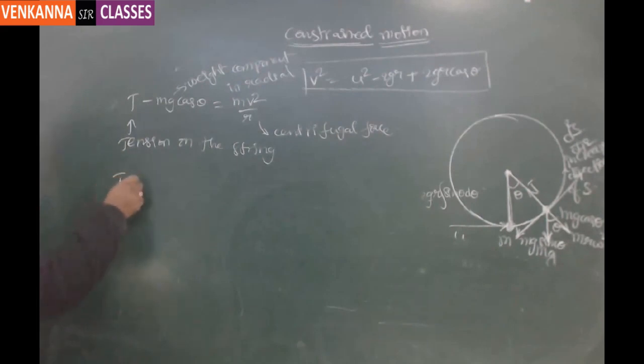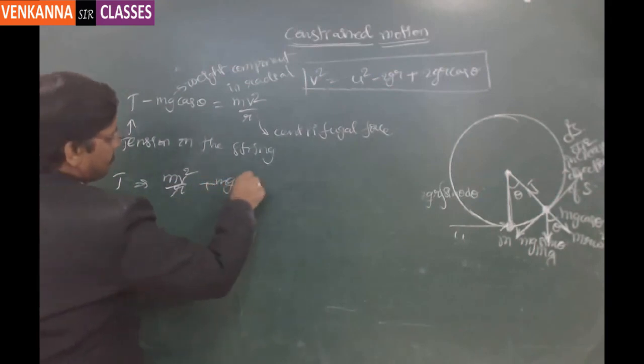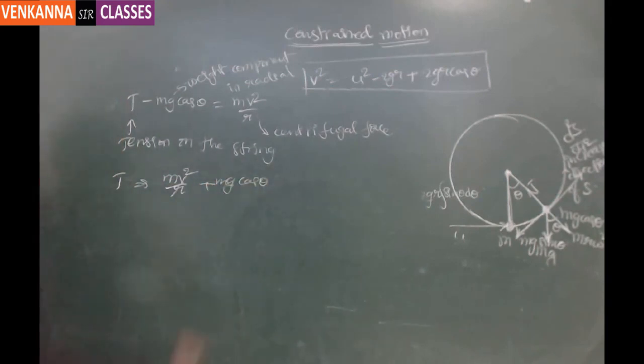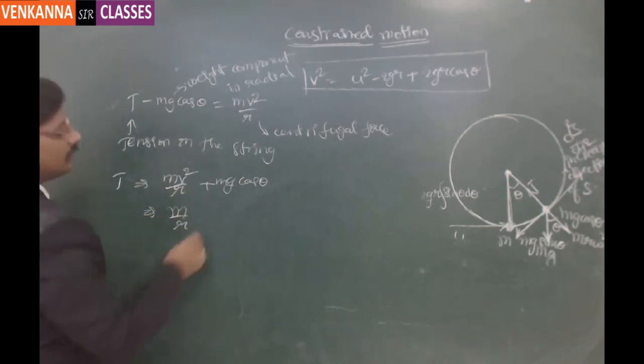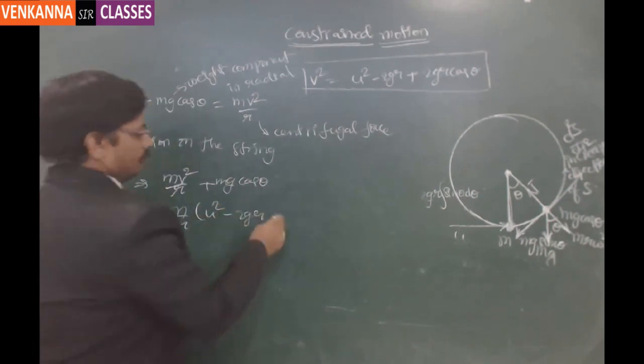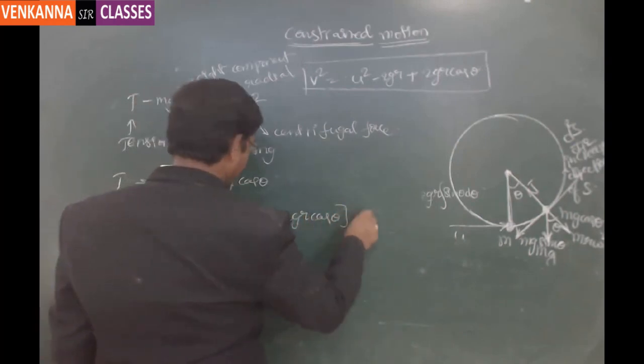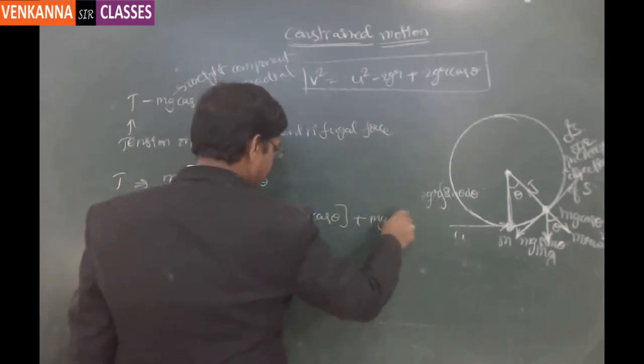Now from this, T is equal to mv square by r plus mg cos theta. So this is the relation, and then v square value we have already calculated, that is m by r into v square, which is u square minus 2gr plus 2gr cos theta, plus mg cos theta.